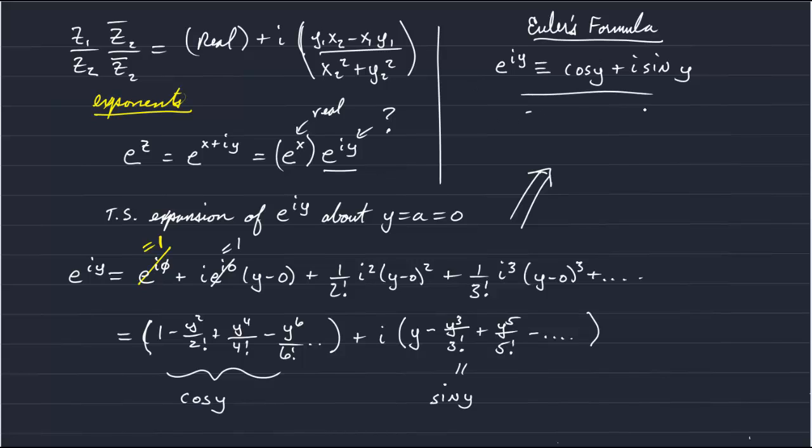And so from Euler's formula, let me go to the next page. Thus, from Euler's formula, e to the z, again, was e to the x times e to the iy, and that's e to the x times cosine y plus i sine y.